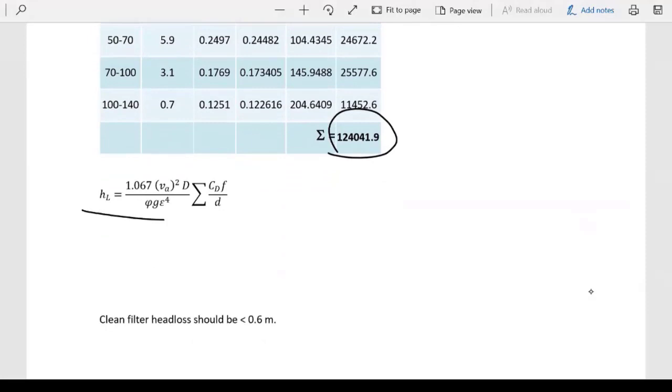And we're using this equation here to calculate the head loss. This is the head loss of the clean filter.